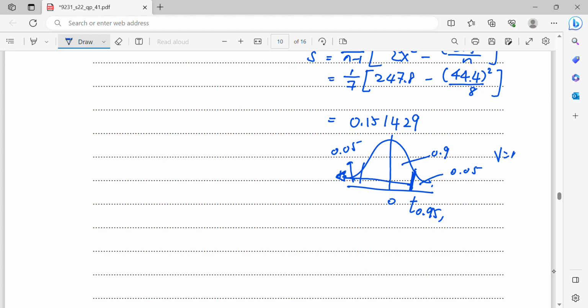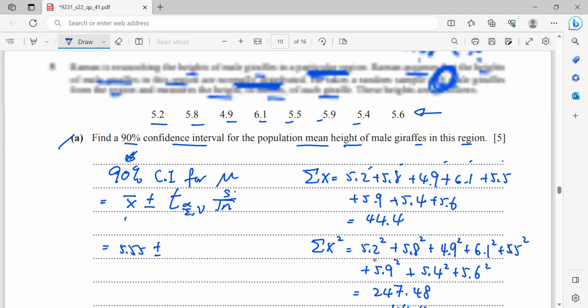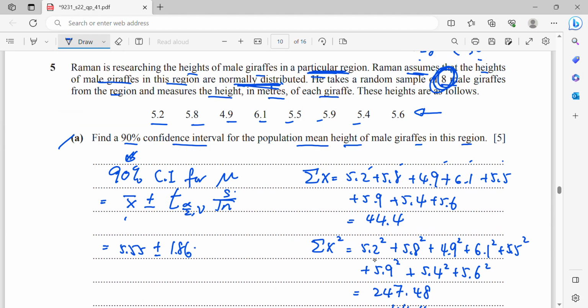So v is n minus 1, and then we know that n is 8, so n minus 1 becomes 7. Right? So when you read the table, it will be 1.860. So now this will be 1.860, and the other line will be the corresponding value, but it will be negative. So I found the T value 1.860.